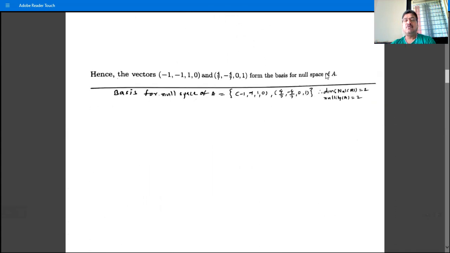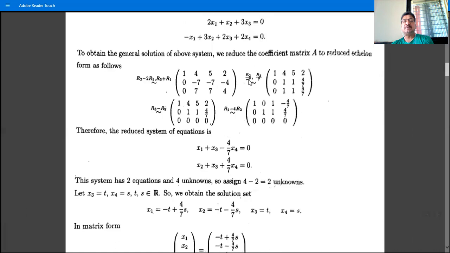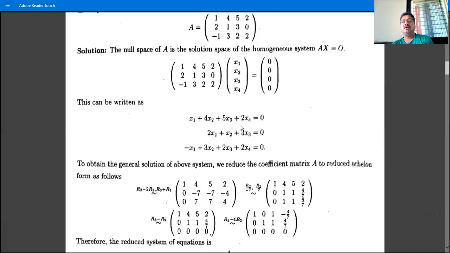And so these two form the basis for the null space of A. Actually this is the basis for the solution space of this system, but the solution space of the system is equal to the null space of the matrix A.